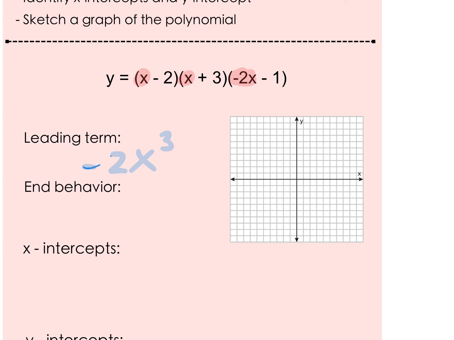Okay. What does that tell you? A lot of things. It tells you the right end, tells you the left end. But it doesn't tell me the y-intercept. And it doesn't tell me the x-intercepts. There's 2 easy x-intercepts and 1 hard one.